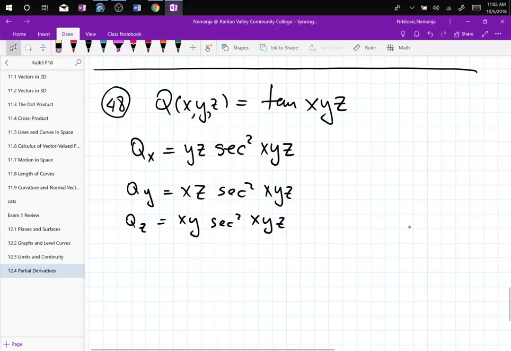One more of these. How about 53? It's beautiful. We haven't done any quotient rule, and it also has 4 variables.